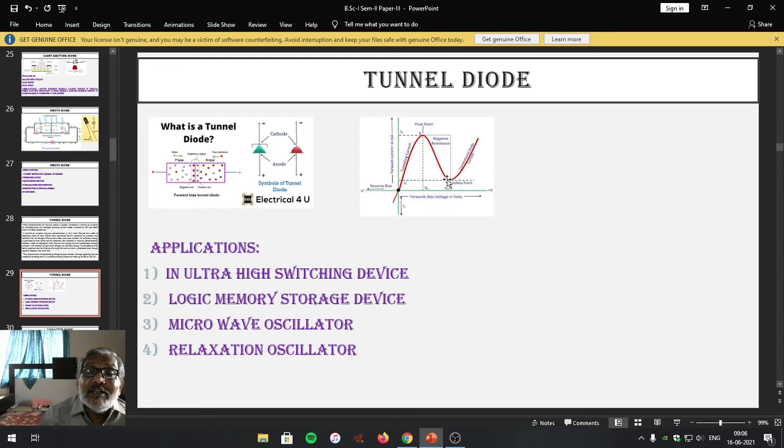The current at this valley point is called the valley current, and the voltage at the valley point is called the valley point voltage, VV. After the valley point voltage, with further increase in voltage across the PN junction diode, the tunnel diode, current starts increasing again.